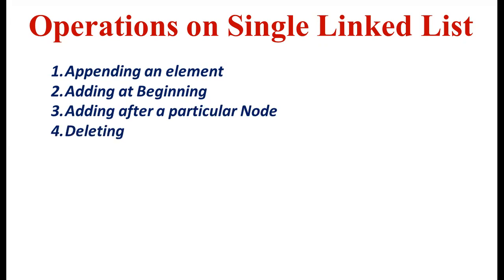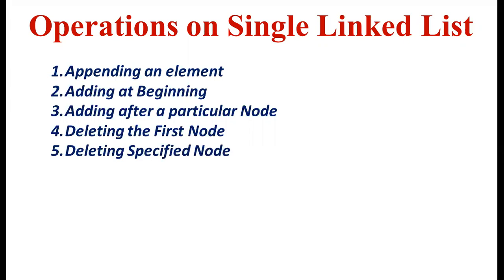And the fourth one is how to delete the first node, that is deleting the first node. The fifth operation is how to delete a node at a specified location. The sixth operation is how to display all the elements.